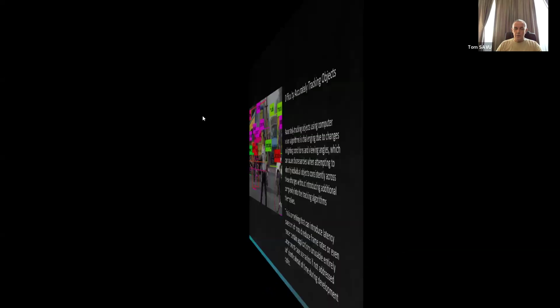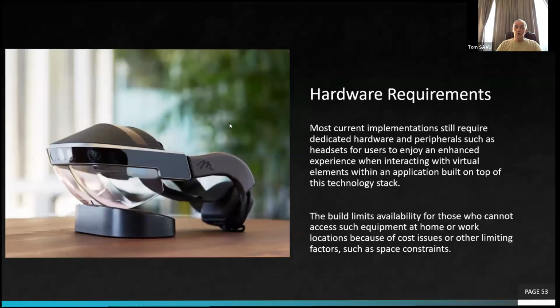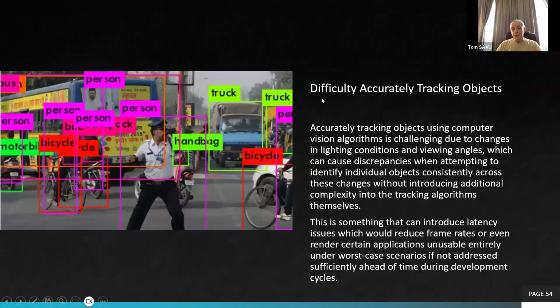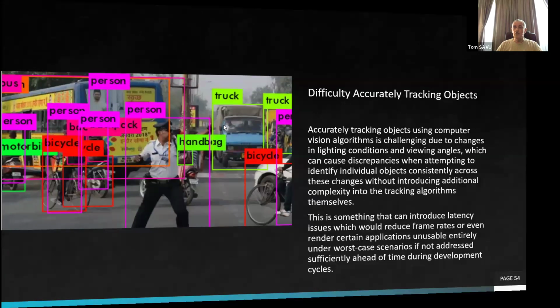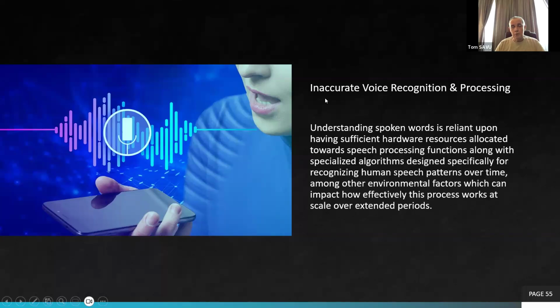It can be, for example, several thousands dollars. When we have multiple objects in the image, it may become difficult for the system to identify, separate each object and to track its movement. There are still issues with the voice recognition and processing.